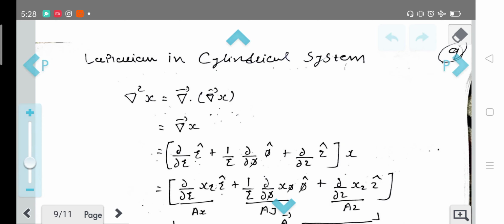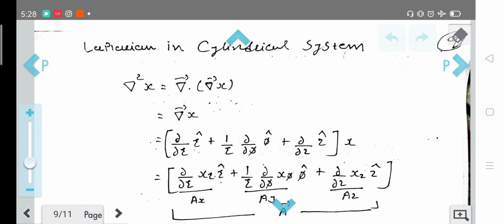So we will have del by del r component of x r cap plus 1 upon r del by del phi component of x phi cap plus del by del z component of x z cap. So this whole term we are going to consider as vector a.